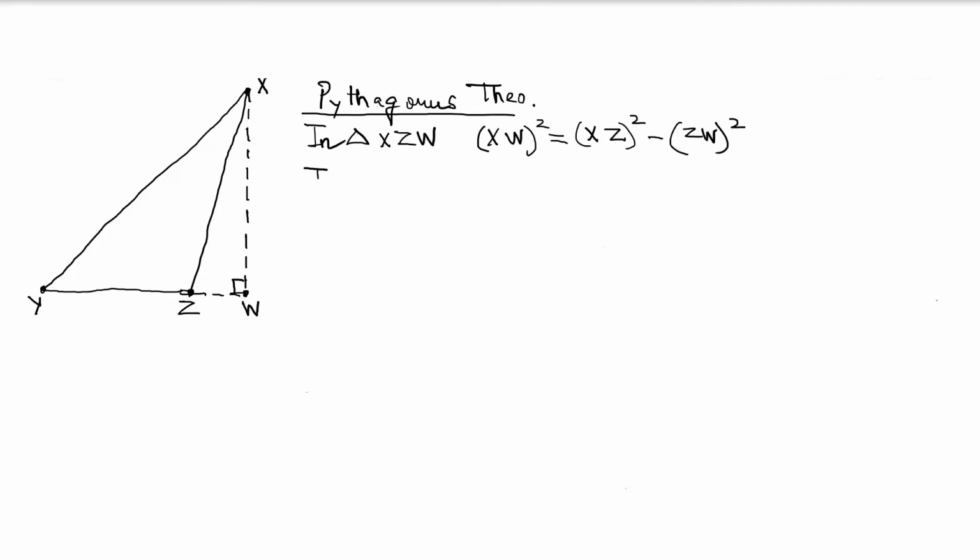Similarly, can we say that in triangle XYW, which is again a right angle triangle, XW whole square, which is the perpendicular square, is the difference between the square of its hypotenuse and the base? So the base here is YW.